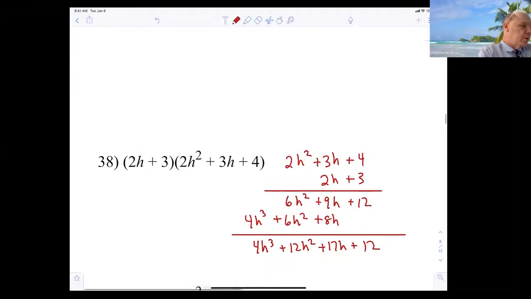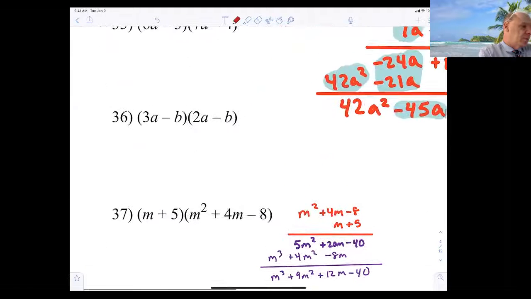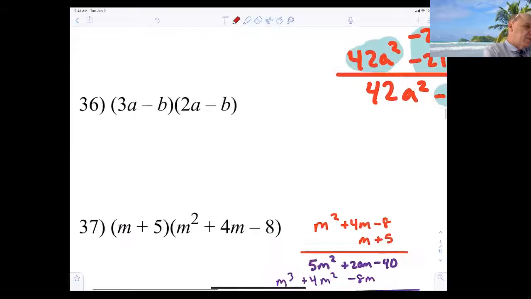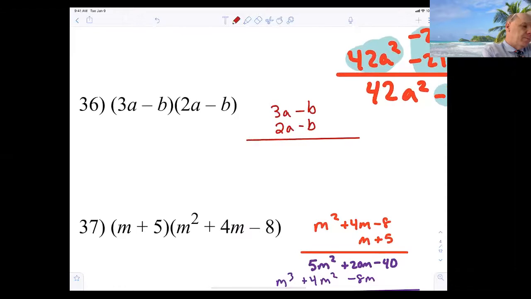All right, here we go. Let's look at 36. Again, stack them on top of each other. Now multiply. Remember, it's not a big deal.